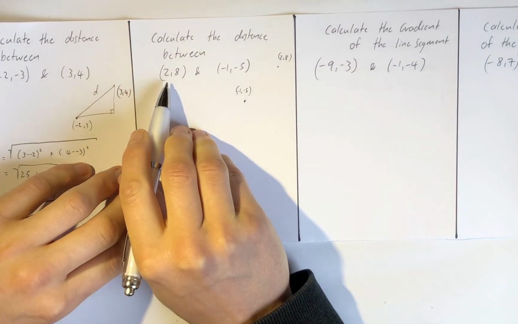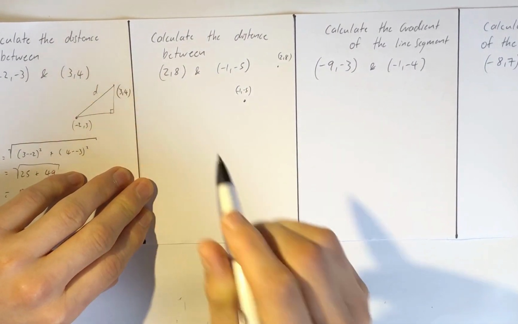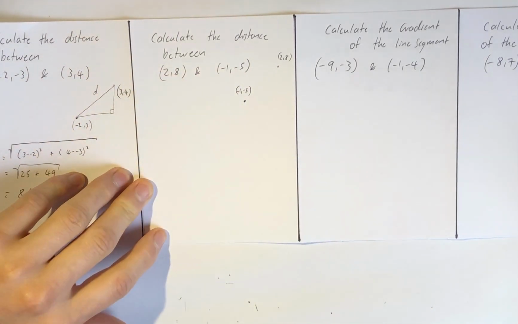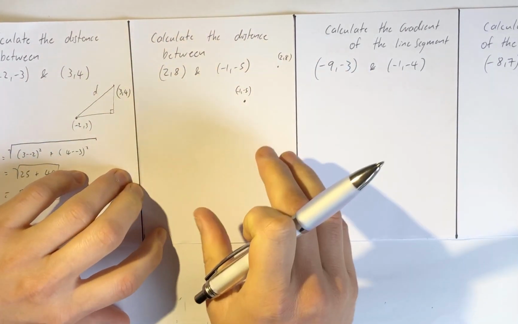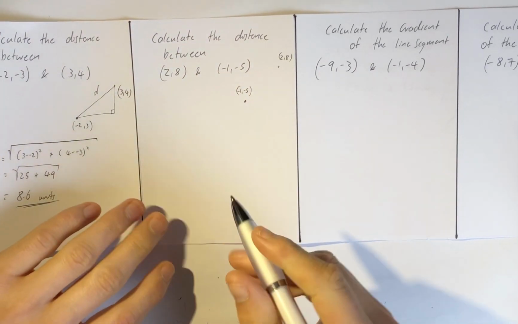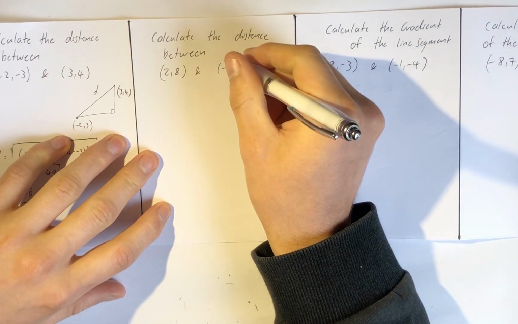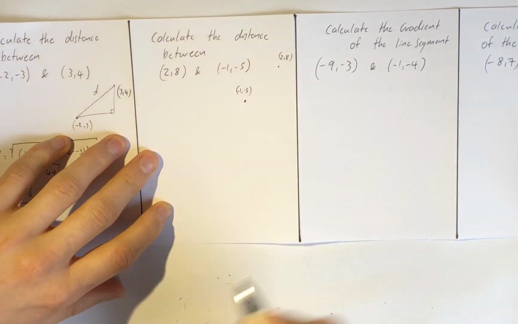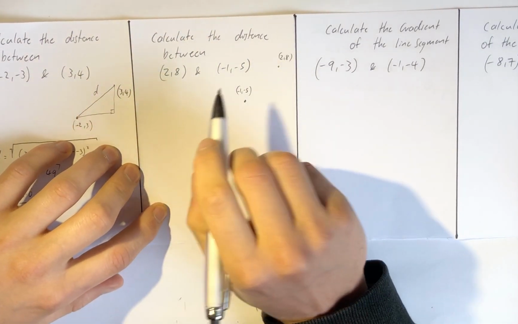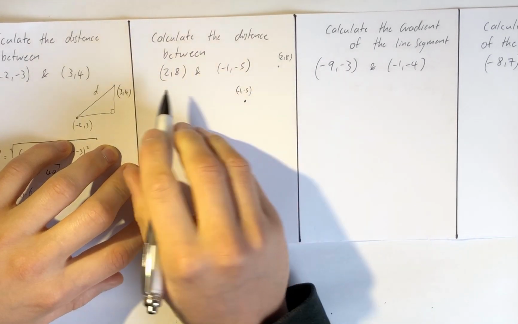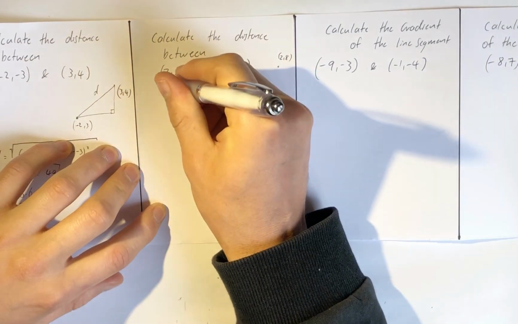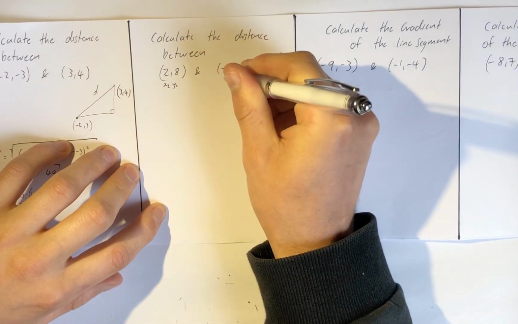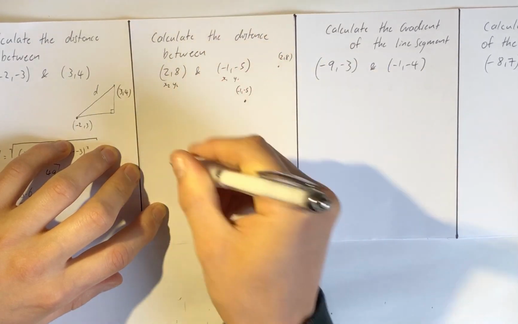And it doesn't actually matter which order you do these in, because it's actually just distance, so it's always going to be a positive length. So I could actually call this x1 and y1, or I could call this one x1, y1. It does matter in other scenarios though, so let's try and keep it to being that's x2, y2, and we'll call this x1, y1.